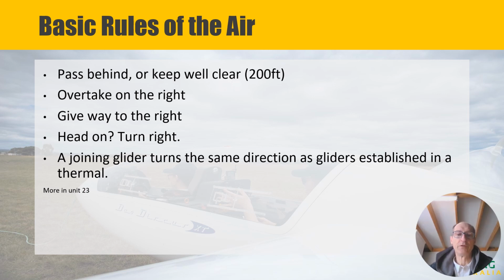If you're head on, you turn right. And if you are turning in a particular direction to climb in a thermal, all other gliders will turn in the same direction. Remembering those will help you in your very beginning of learning the rules of the air, and there'll be plenty more coming to help us have a safe interaction in gliding.